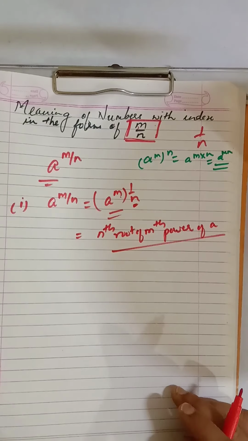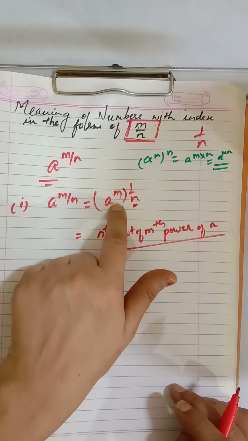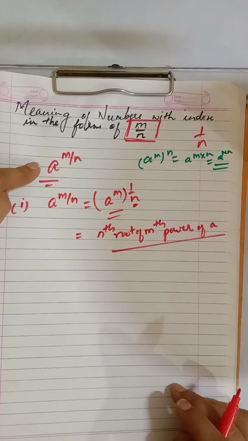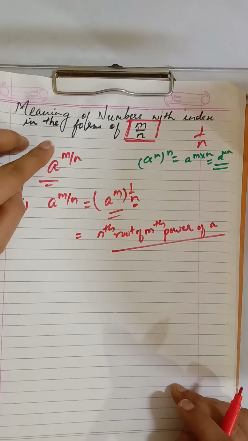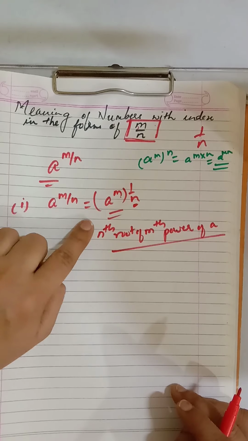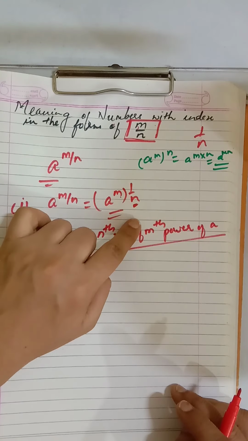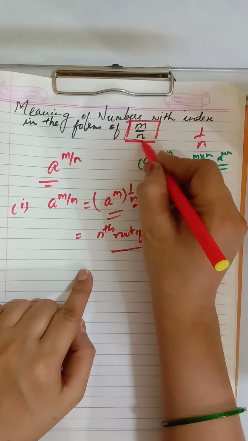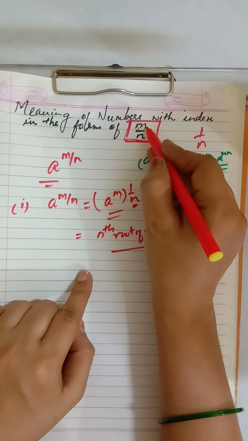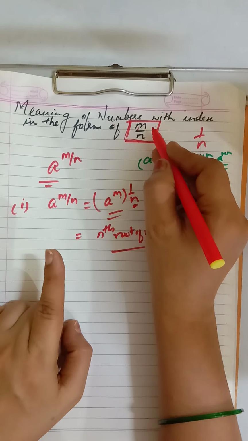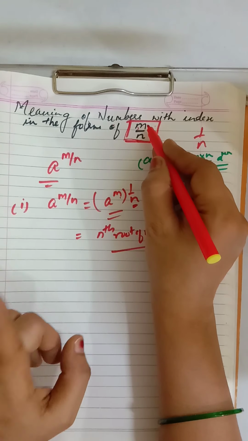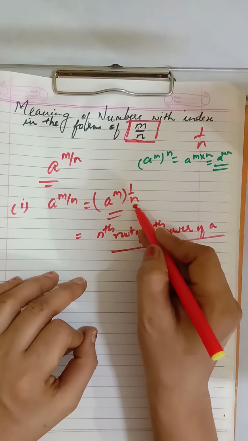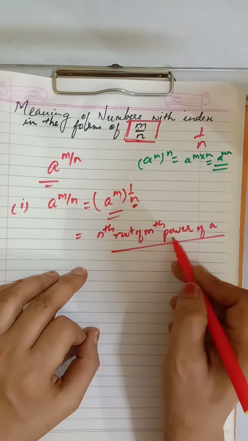So a raised to m upon n I can write as a raised to m into 1 upon n, and this will be the nth root of the mth power of a. Always remember, children, the denominator represents the root and the numerator represents the power. Again I repeat, your numerator represents the power and the denominator represents the root. So here the denominator is n, so it is the nth root of the mth power of a.